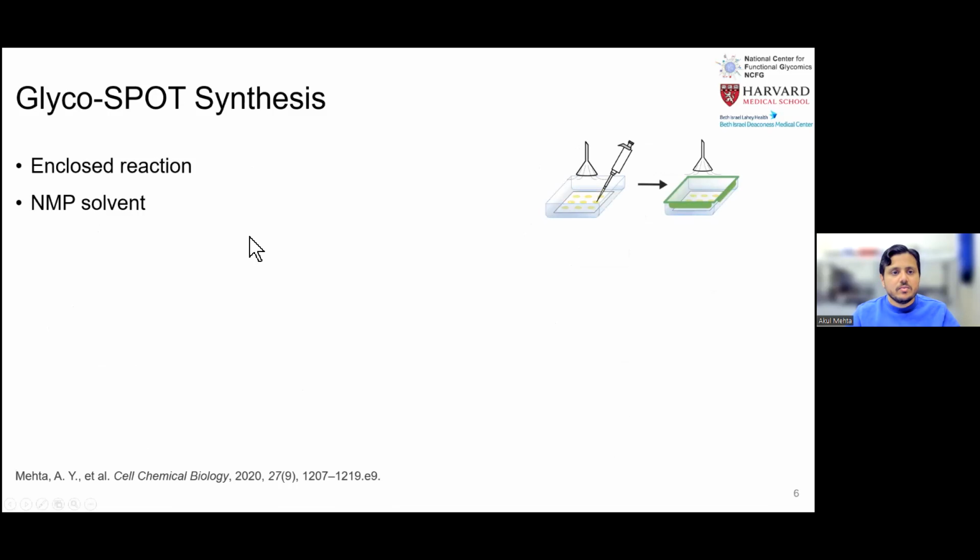So we developed a protocol for glycospot synthesis, which is more robust and can be used for a number of different types of post-translationally modified glycoamino acids also. So the first thing we did was very simple. We just bought a glass food container from Target, for example, and we get these ones with seals which you can just snap and lock on.